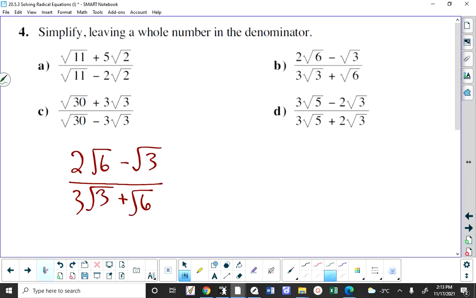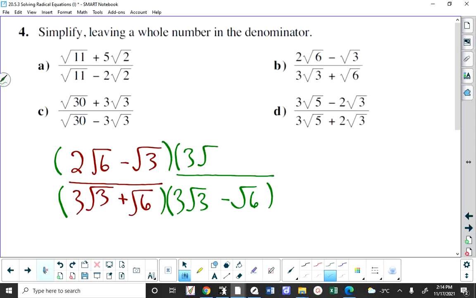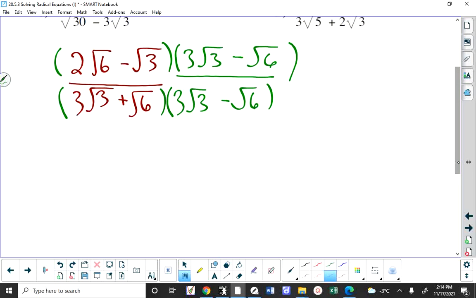I need to multiply the top and the bottom by the conjugate of the bottom, which would be 3 root 3 minus root 6. When I multiply out the bottom, I'm going to just do the FLA thing. I don't need to do the outer and inner.